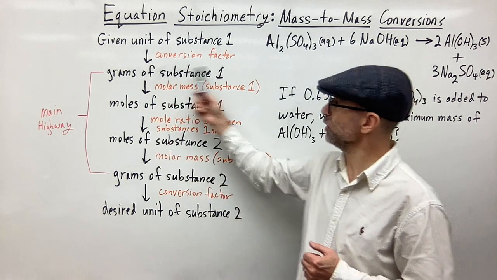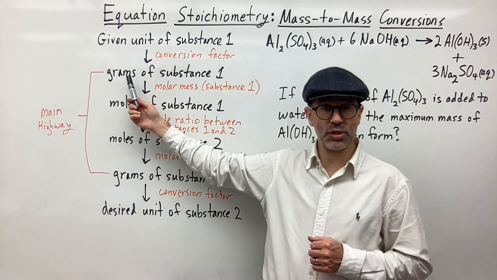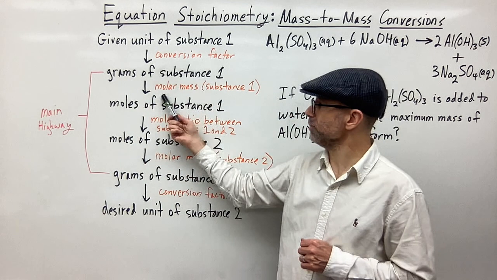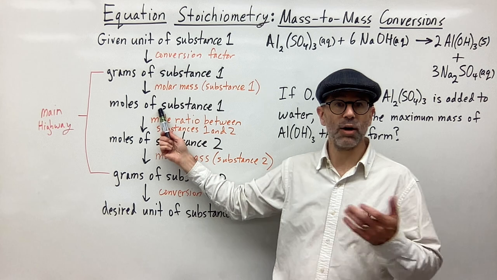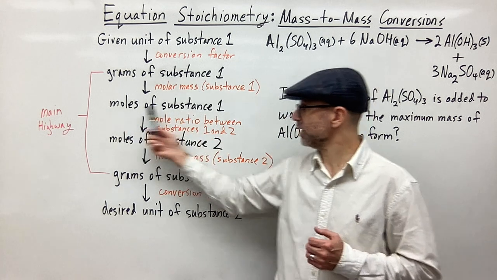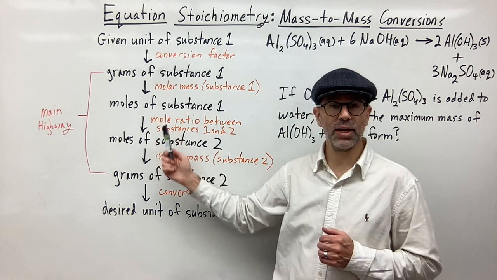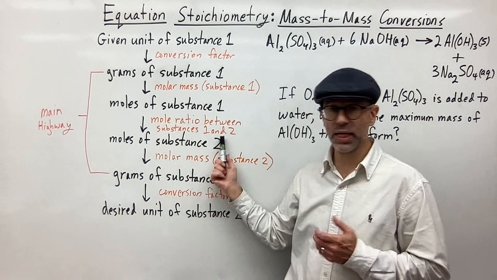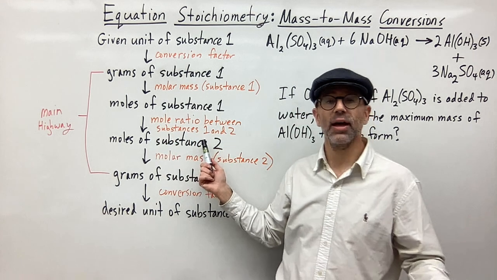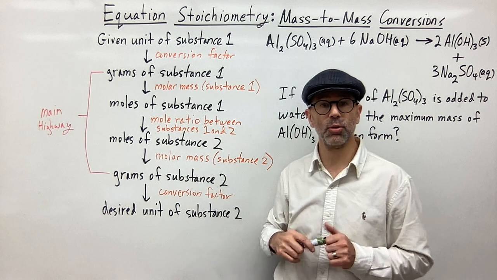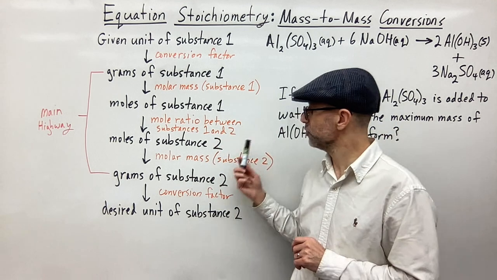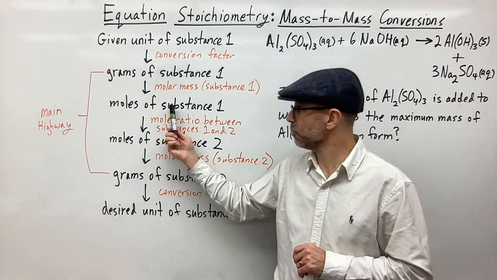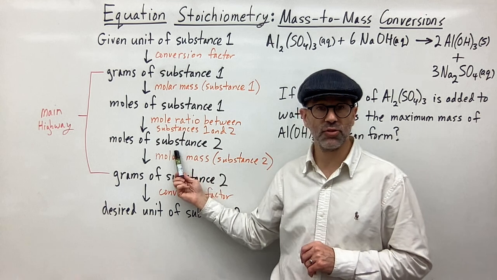Okay. Once you've got grams of that first substance, then you're going to use the molar mass of that substance to convert from grams to moles of that one substance. Once you've got it into moles, then you can use the mole ratio between the substance that you have and the substance you want in your chemical equation. And you're going to use the coefficients for the mole ratio. So you use that to convert from moles of substance 1 to moles of substance 2.